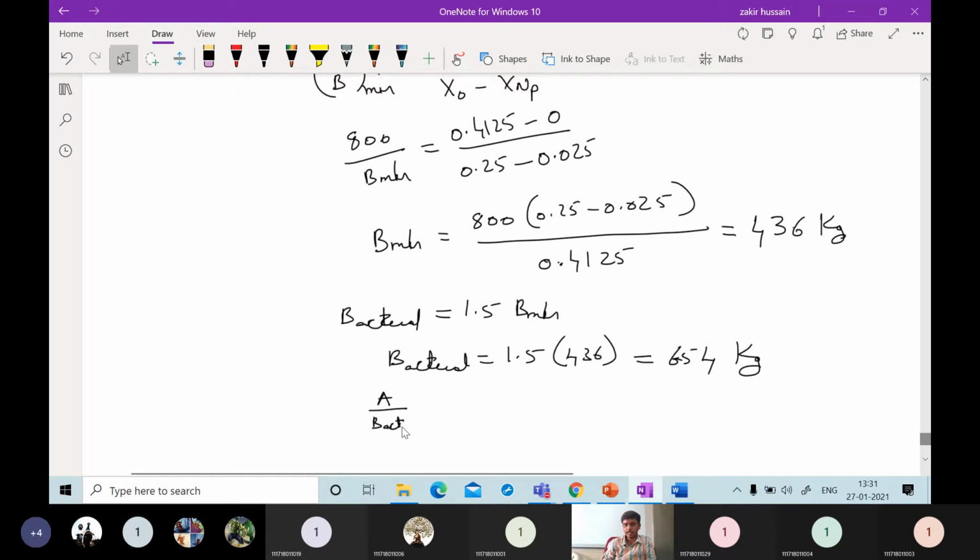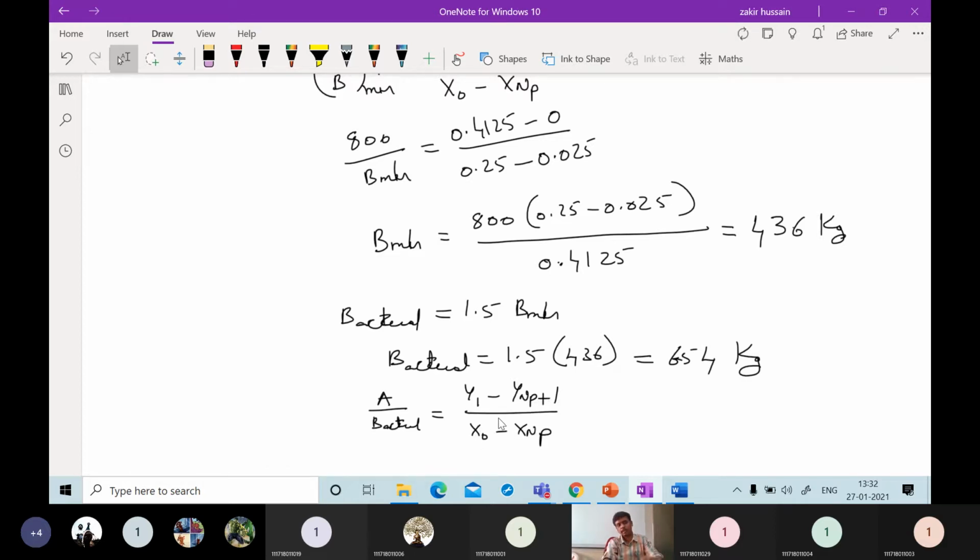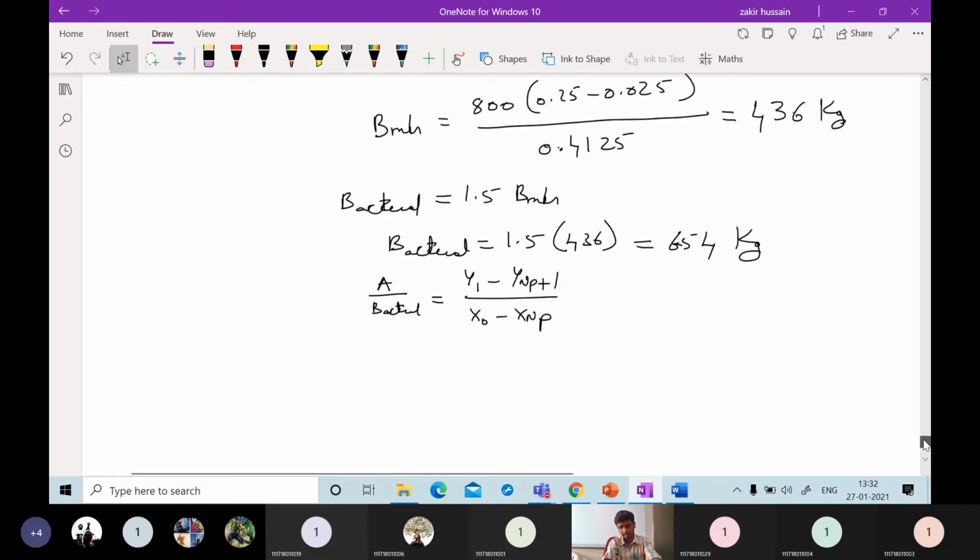So now we have our actual A by B. A by B actual is equal to the same formula, y1 minus ynp plus 1 divided by x naught minus xnp. What are the unknown parameters? A we already have, 800. B actual we estimated, 654.